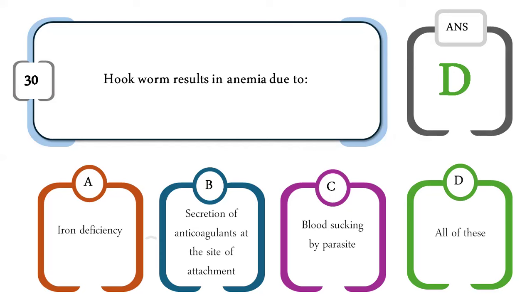These worms frequently move from one site to another, leaving small bleeding points behind. The worms also possess anticoagulant activity, and this leads to iron deficiency anemia of microcytic hypochromic type.